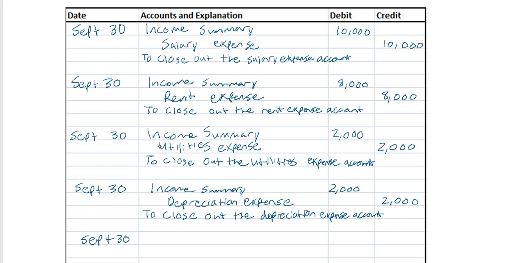And here we go with our last one, maintenance expense. Once again, debit income summary for the full amount of the expense account.